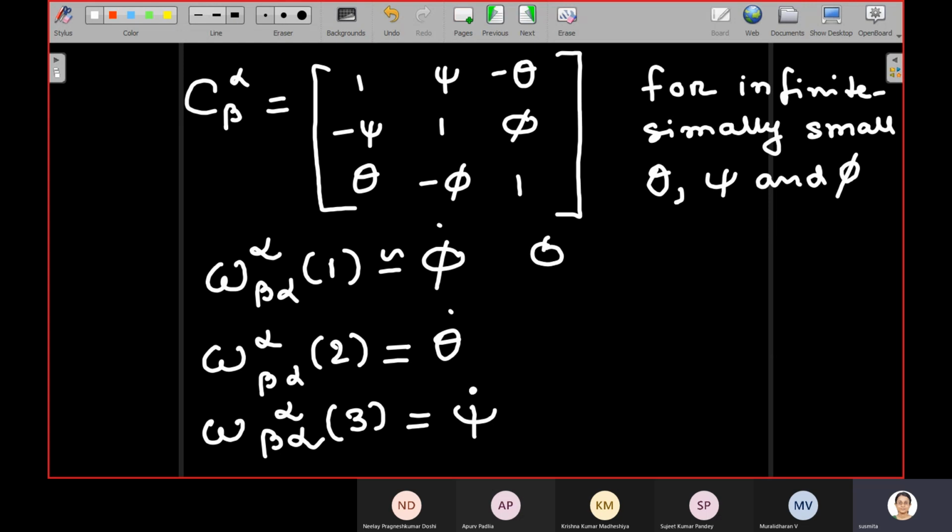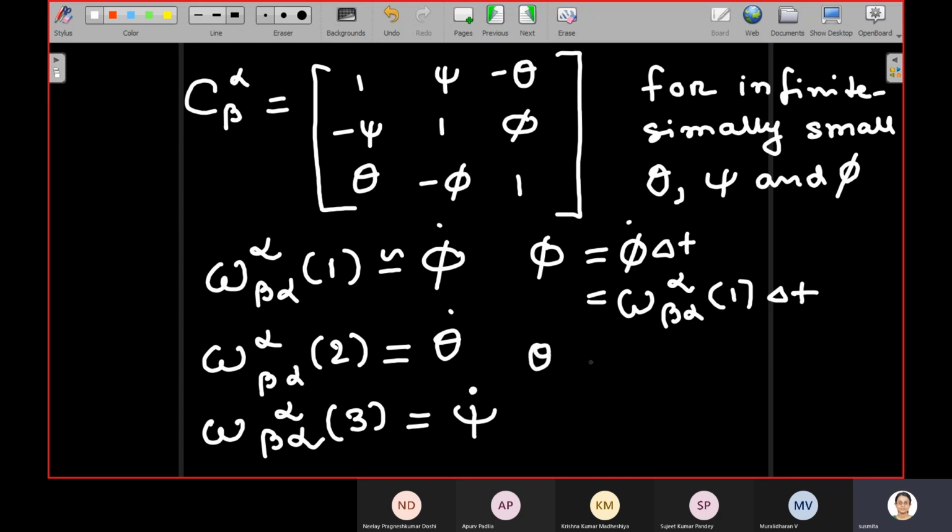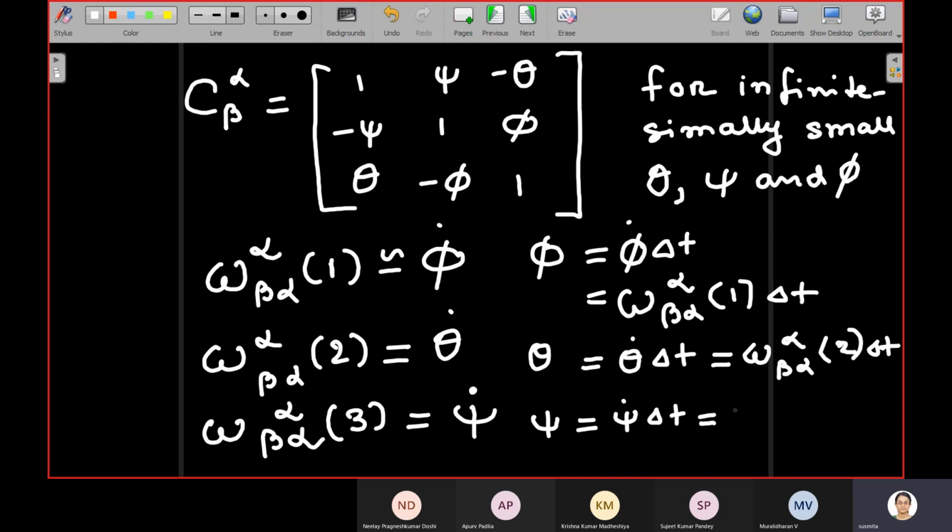So you can write phi is equal to the small angle is delta t, and then in place of phi dot we can write this.